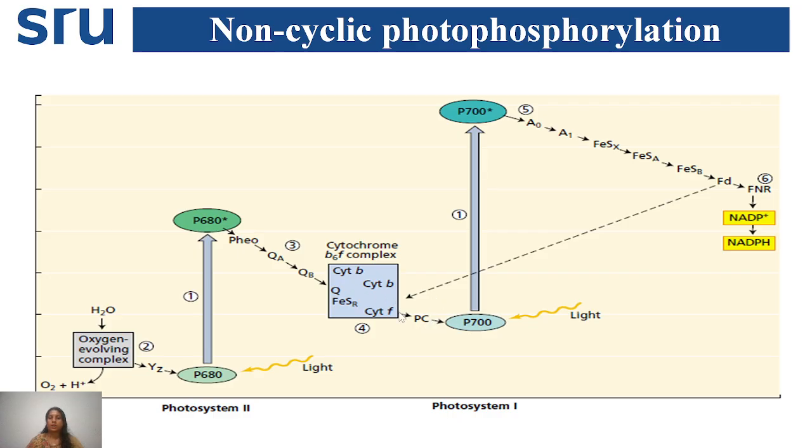During this transfer of electrons inside the cytochrome B6F complex, ATP is generated. Later, after exciting photosystem 1, the electrons transfer through iron sulfur clusters, then ferredoxin, and at the end reduce NADP plus to NADPH. So the end products of the light reaction are ATP from the cytochrome B6F complex and NADPH. These are the energy compounds released at the end of the light reaction.